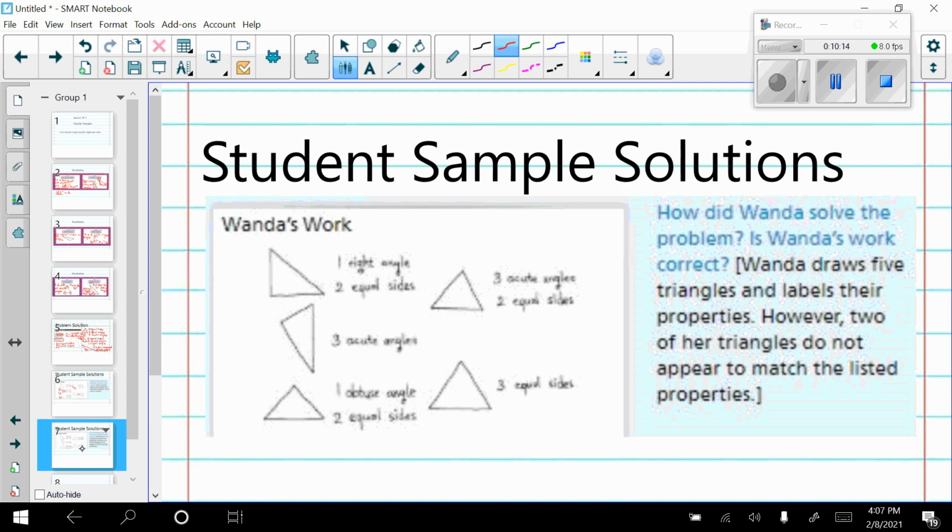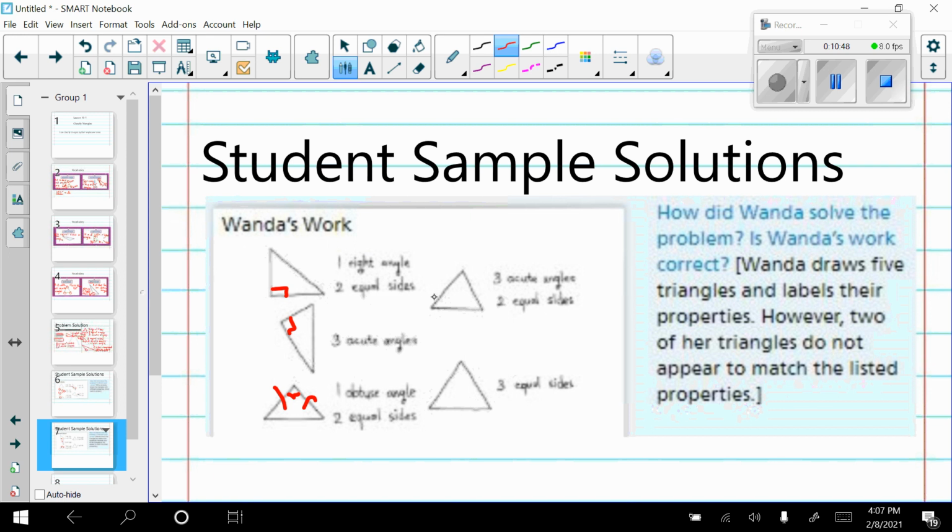Here's Wanda's work. We have 1 right angle and 2 equal sides. I guess this bottom line looks a little longer. 3 acute angles. That looks like a right angle to me, so I don't know if I would agree with that. And it's a scalene. This looks like a right angle as well, so I wouldn't say it's obtuse, but it does have 2 equal sides. 3 acute angles and 2 equal sides.